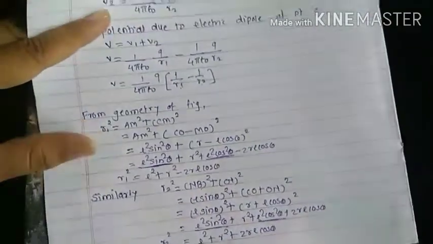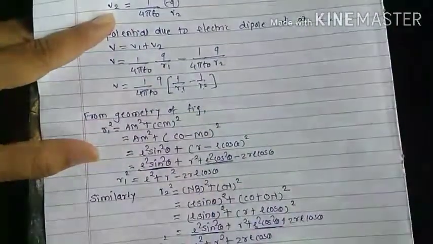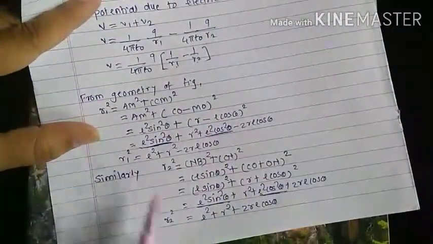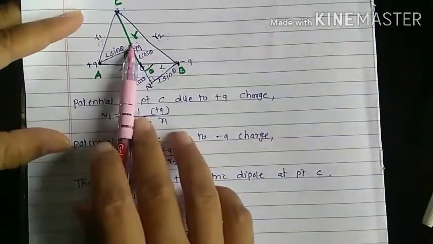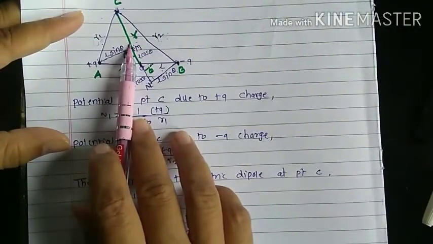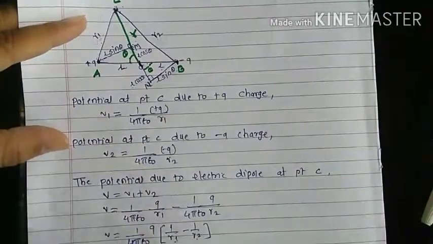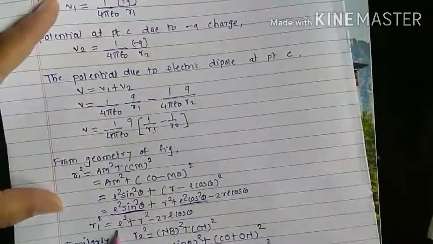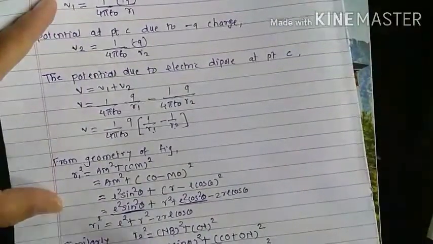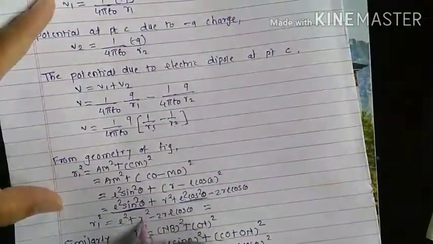We have to determine 1 upon R1, 1 upon R2. We get values of R1 square and R2 square. For the short dipole, this twice L distance is very small as compared to R, and therefore certain terms are neglected. From this equation, let me take common R square.